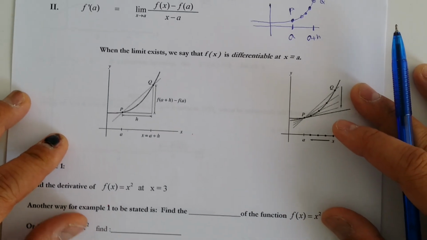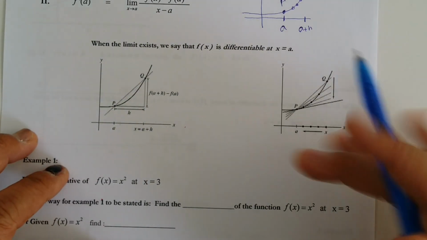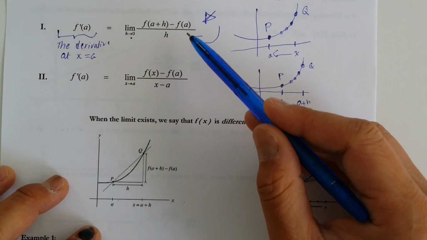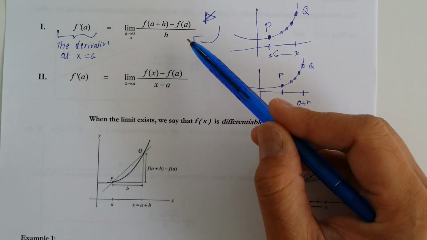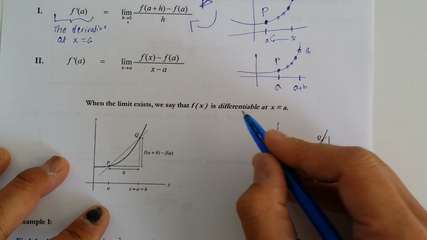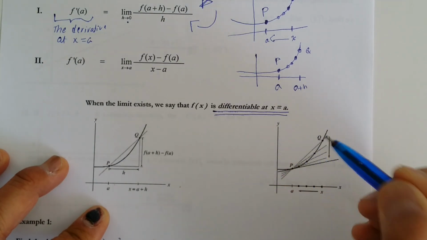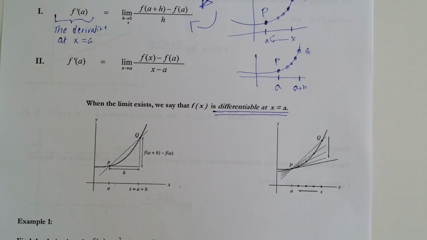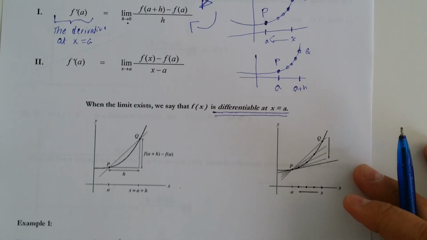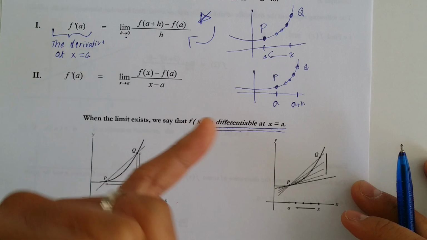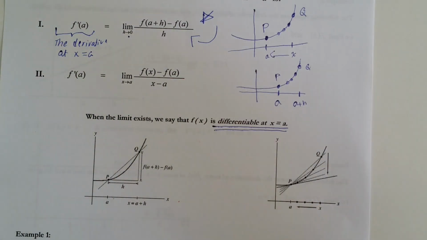So when a limit exists, what that means is when you calculate this limit and you get a number, then we say that the function is differentiable at that point. Again, if a limit exists, we say that the function f is differentiable at that point, x equals a.